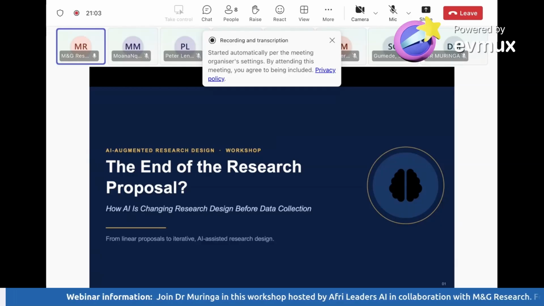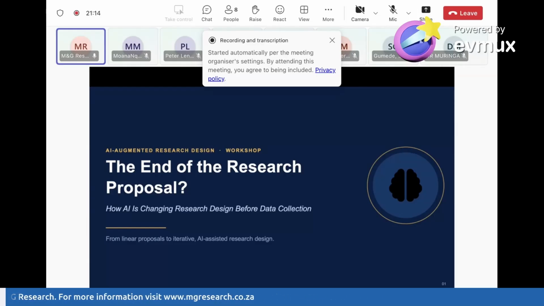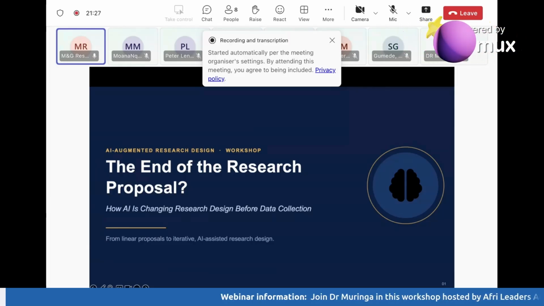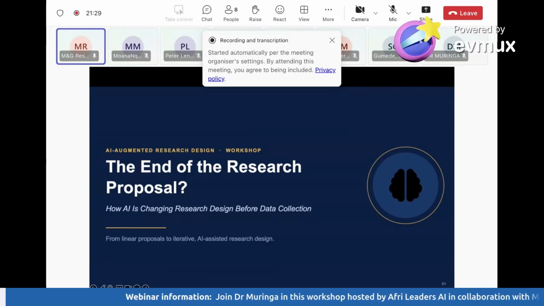But Claude is mostly agentic, in that it does most of the work for you with limited human interaction. But I want to just do a few demonstrations of exactly how we can enhance and develop our research proposal using AI as a research instrument, as an augmented research design.